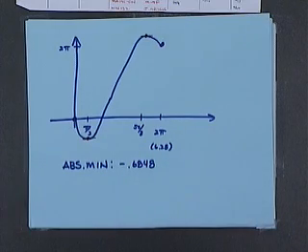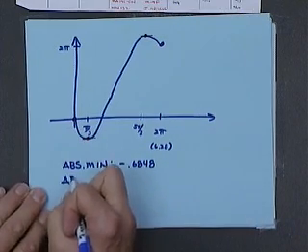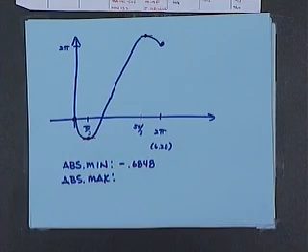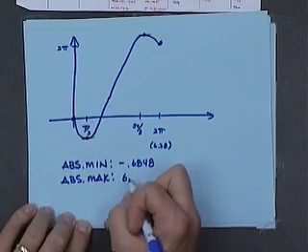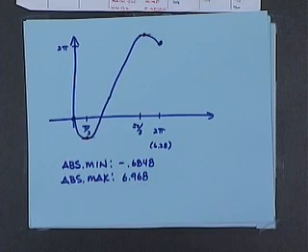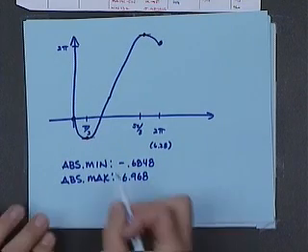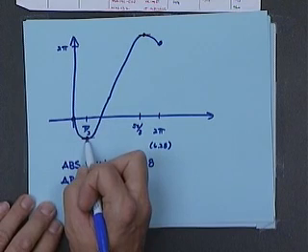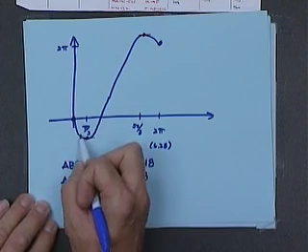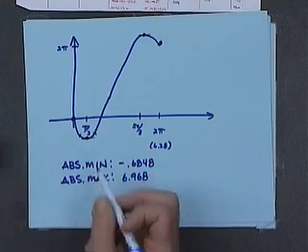That's the lowest y value that we'll plot. The absolute maximum value of the function is approximately 6.968. And we also have some relative max and mins. This is a relative min, right? Because in an open interval containing pi over 3, so a little bit left and a little bit right, that is the lowest point.